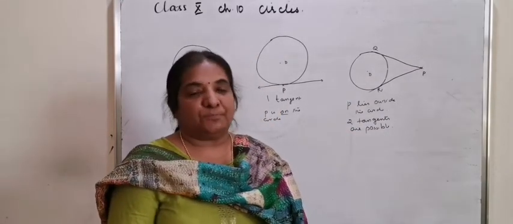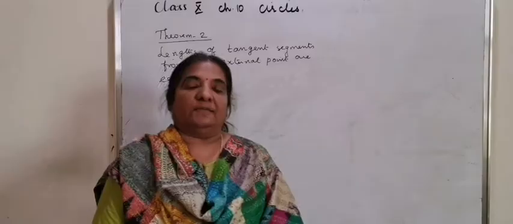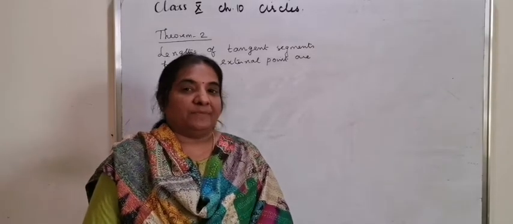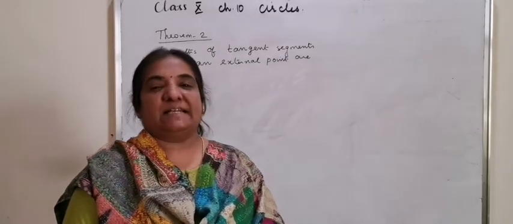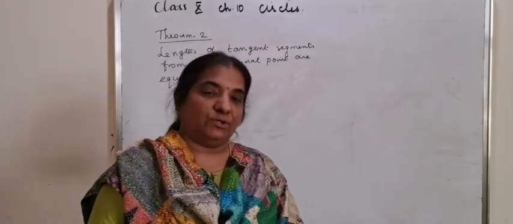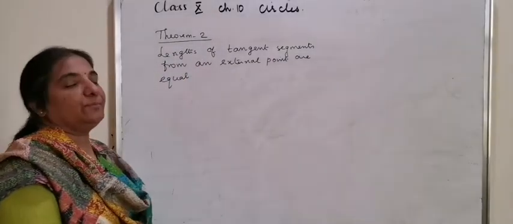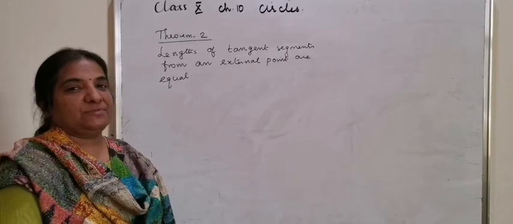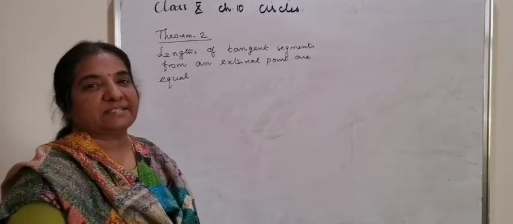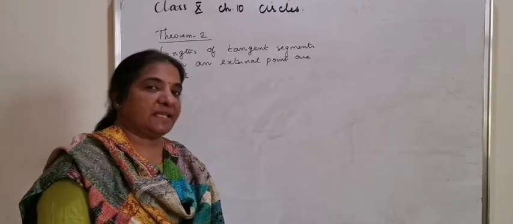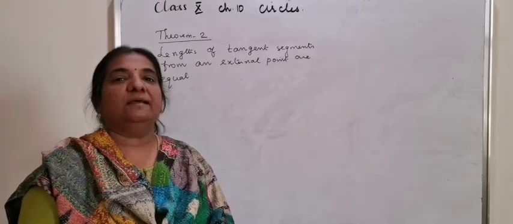What is the property possessed by those tangents? Theorem 2. Length of tangent segments from an external point are equal. That means we already saw that two tangents can be drawn from an external point, and the theorem says that those two tangents will be of equal length.